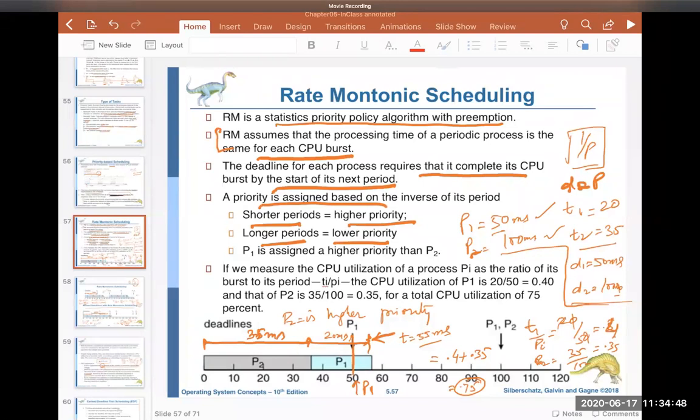We know there are different types of tasks. Some are given priority based on their CPU burst. Some are given lower priority because they want more CPU time. Some we need to be more responsive, and that's why they are given more priority. Just like on your mobile phone, you need it to be responsive.